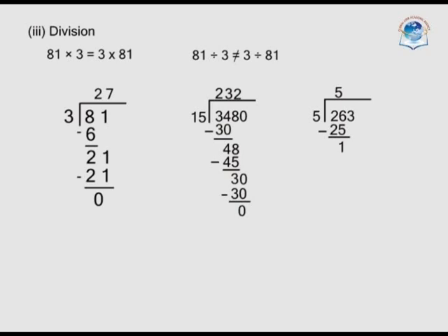Subtract, you get 13. 5 into 13 2 times because of 10. You subtract, we get 3. Nothing to drop, and 3 is the remainder. So our answer is 52 and a remainder of 3.